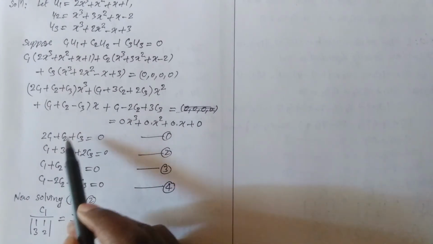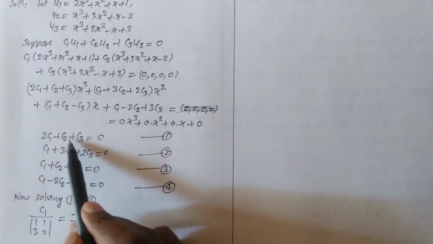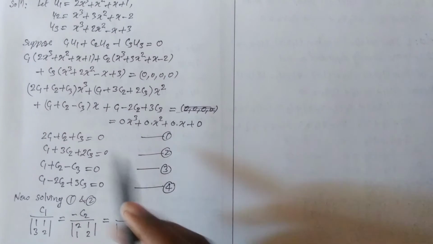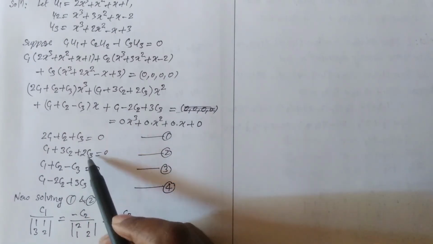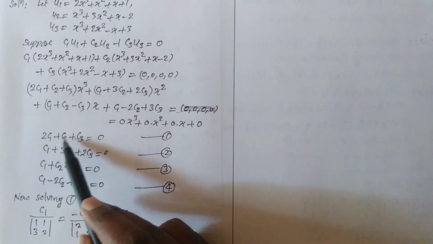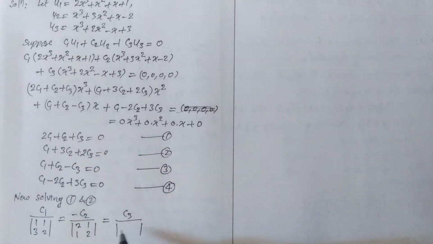Now ignore the coefficient of c2 of first two equation, so we will have 2 1 1 2, and this equal to c3 divided by determinant. Now we ignore the coefficient of c3 of first two equation, we write 2 1 1 3 2 1 1 3.